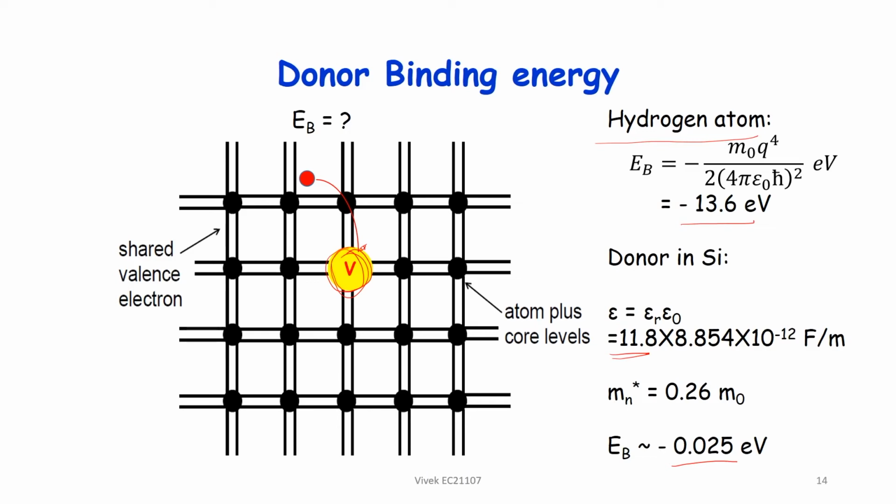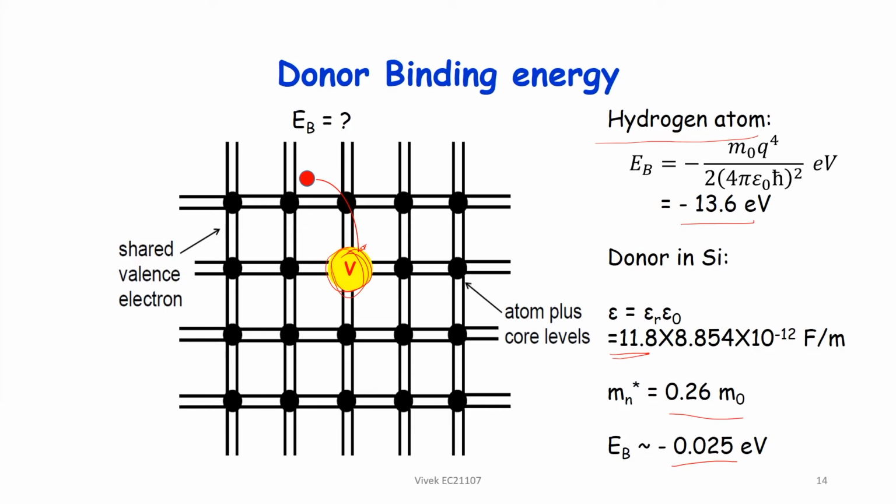Okay, so here Mn is 0.26 m naught. So the mass here is basically the conduction band electron effective mass. You see this is slightly different from what we discussed previously, 1.18. That is because there are two types of effective masses.